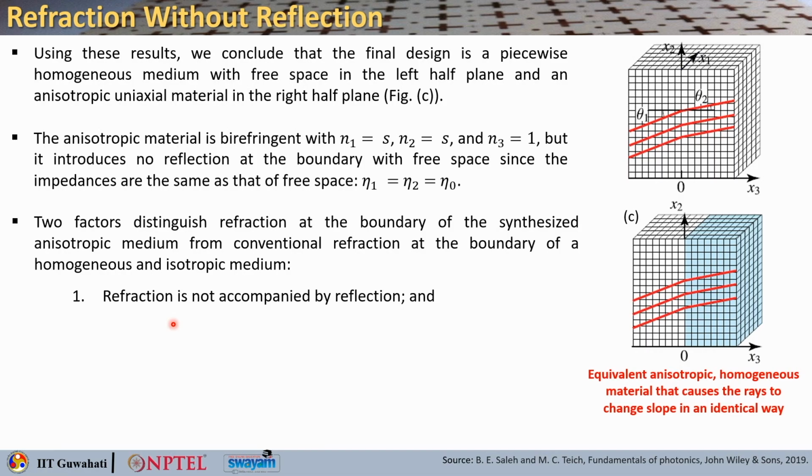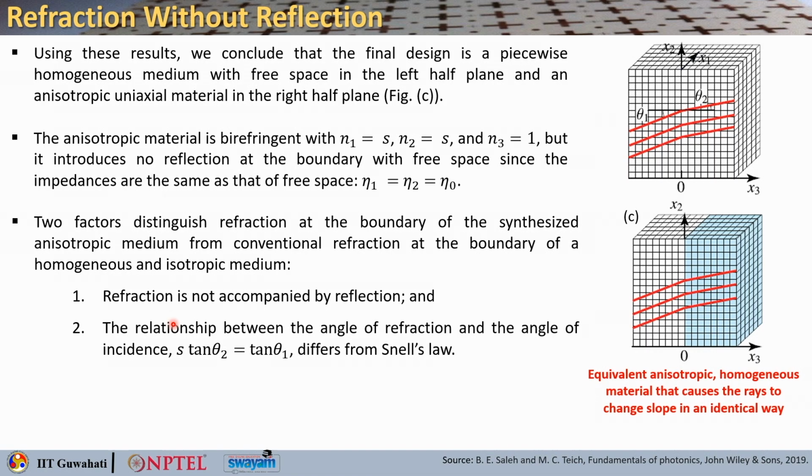This is something completely new, and also the relationship between the angle of refraction and the angle of incidence is not governed by Snell's law here, it is rather given by this formula, which is S tan theta 2 equal to tan theta 1. So this is how you can achieve refraction without reflection, from an anisotropic homogeneous material that will help you achieve that.